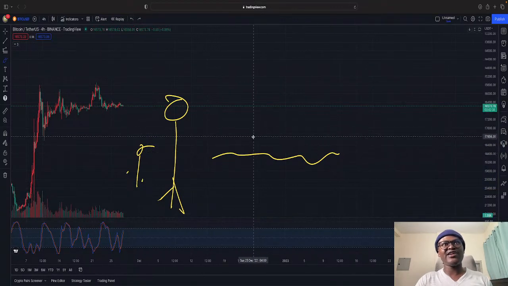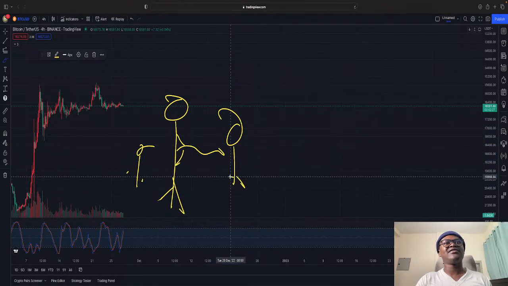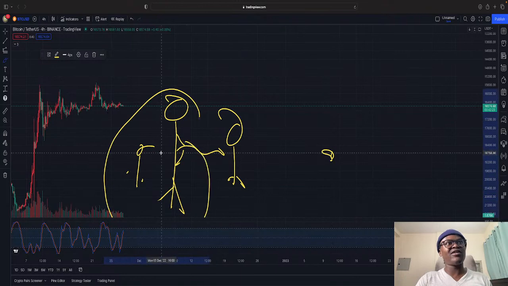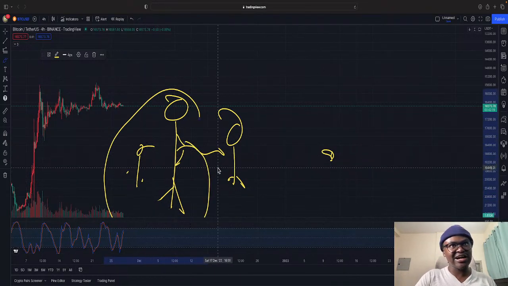So if this guy over here is now here together with this guy, if they are here instead of here, it means that this guy overall and his mates are winning, because they have pulled this guy over here.